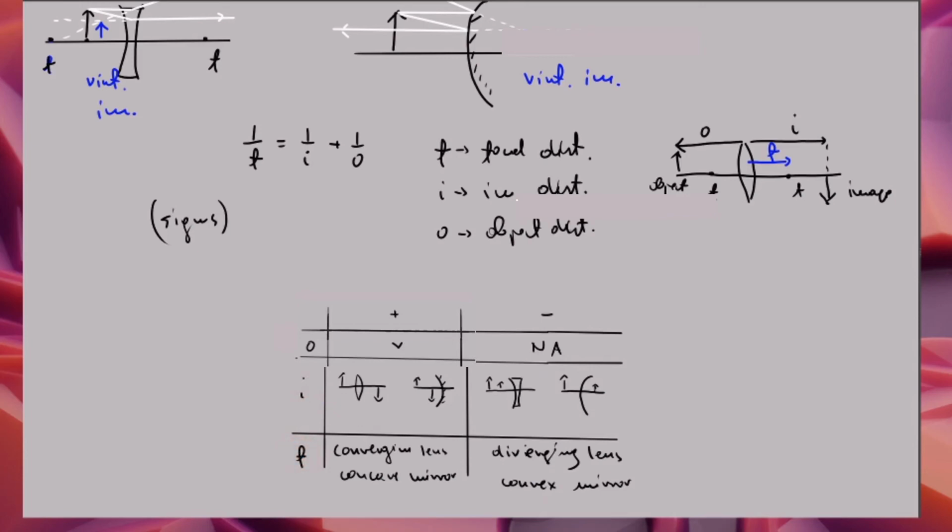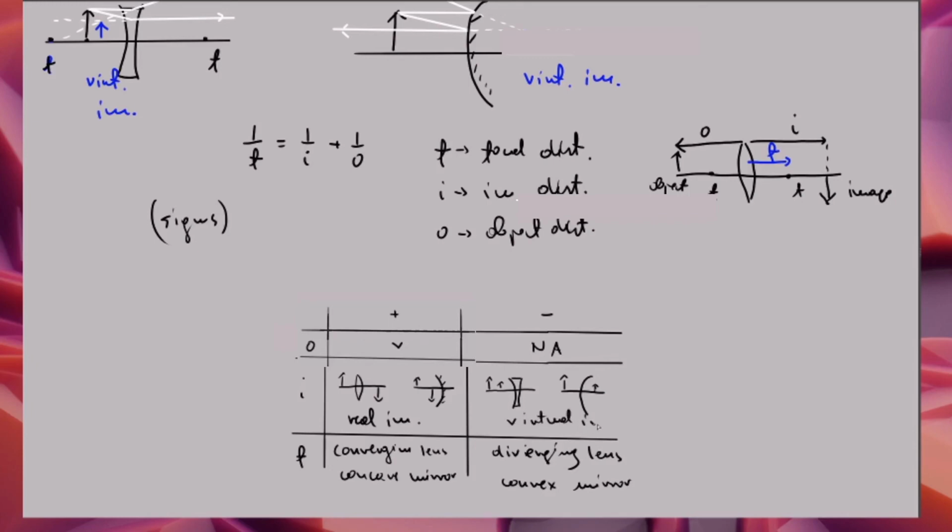I would only give you problems where you have the object on the left hand side and therefore it would always be positive, so you couldn't have it as a negative. Besides, even if that was the case, you could always flip it and still make O always be positive. I is going to be positive for a converging system where you have a real image, and it is going to be negative if you have virtual images.